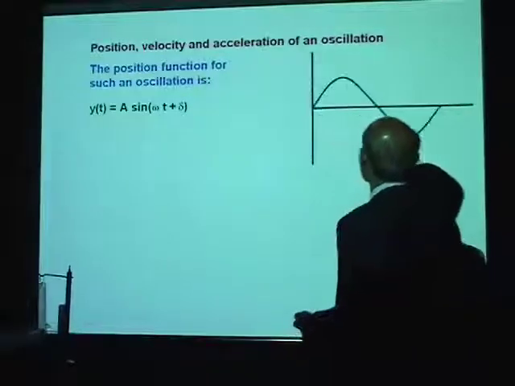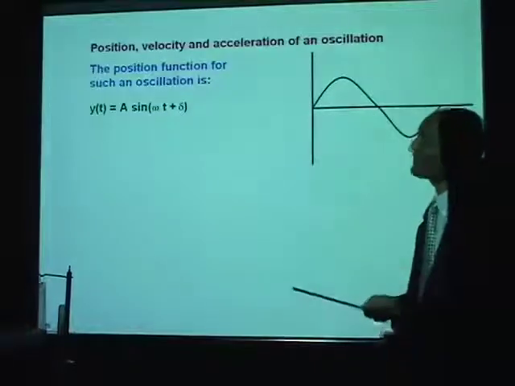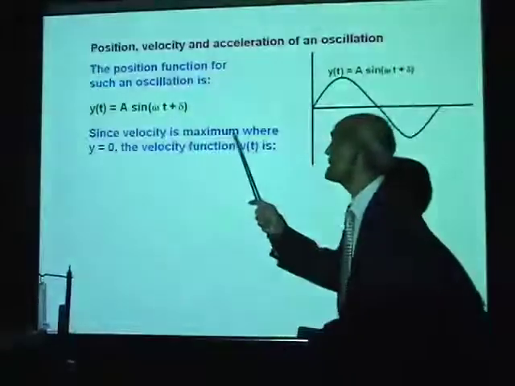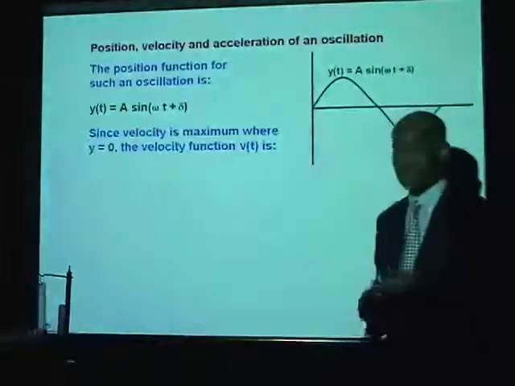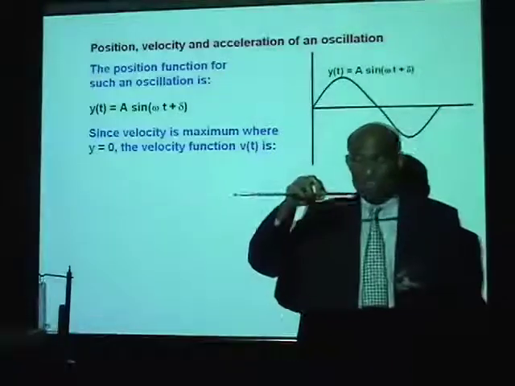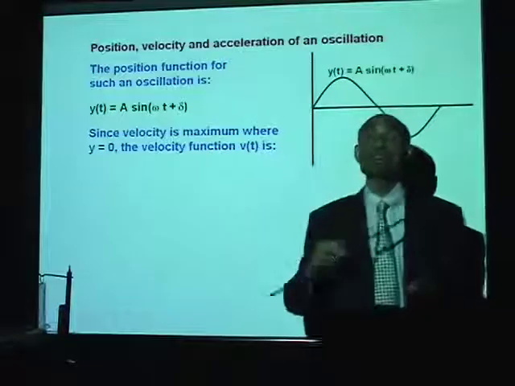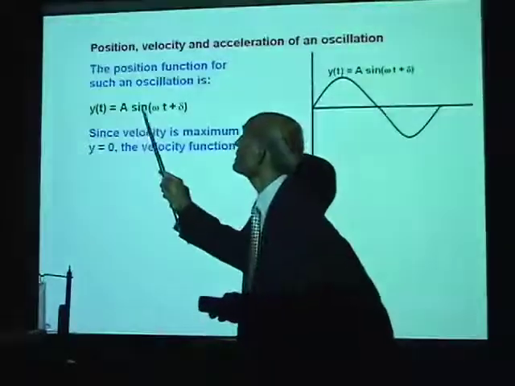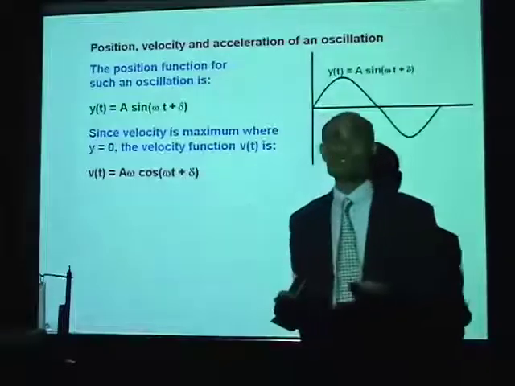And that's the graph of the position function. How does the velocity change? Now, since velocity is maximum where y equal to 0, is that right? Velocity is maximum at the equilibrium position, where y equal to 0. And therefore, you can see velocity will be a cosine function. Now, this is the velocity function.